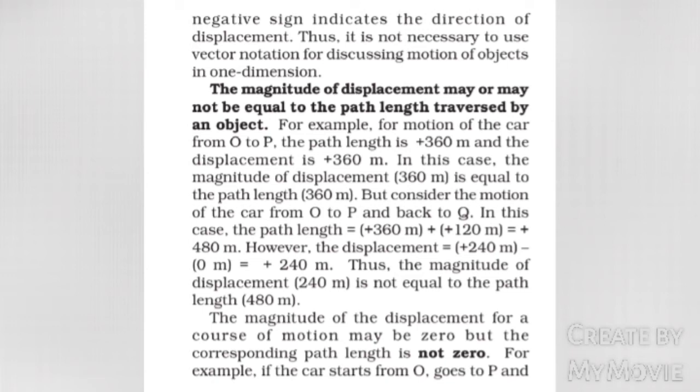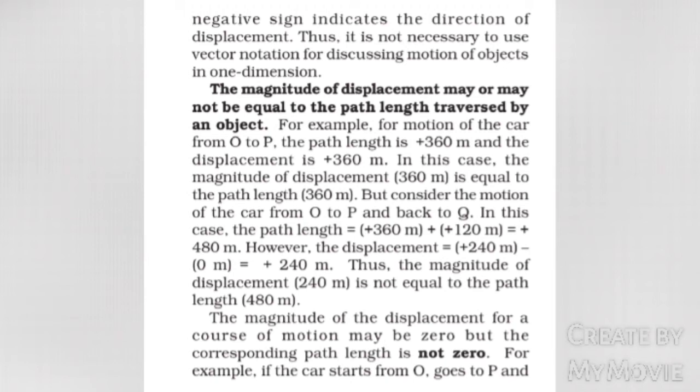The magnitude of displacement may or may not be equal to the path length traversed by an object. For example, for motion of the car from O to P, the path length is plus 360 meter and the displacement is plus 360 meter. In this case, the magnitude of displacement, that is 360 meter, is equal to the path length, that is 360 meter.